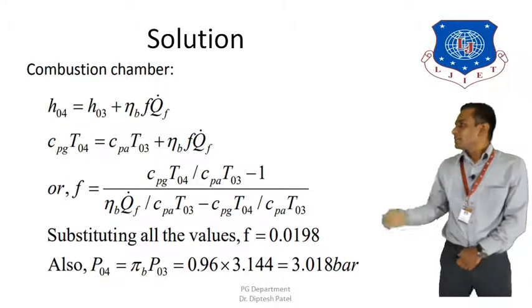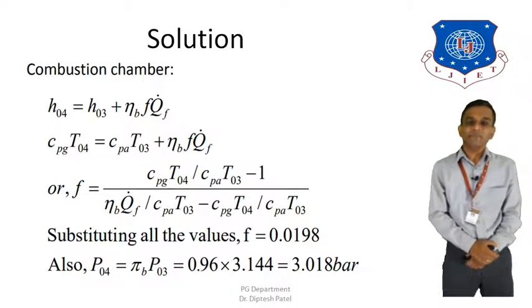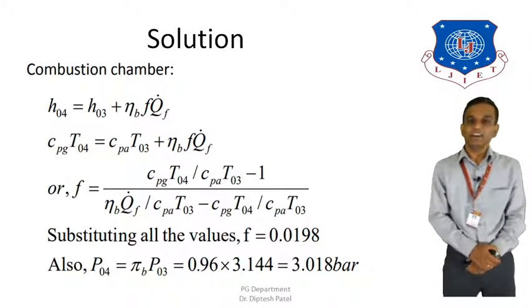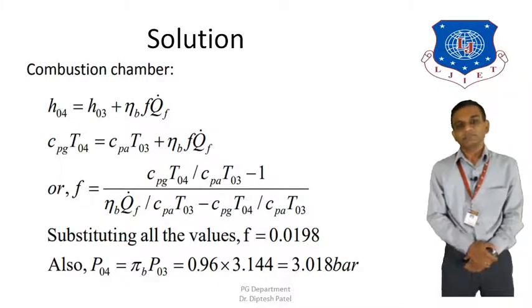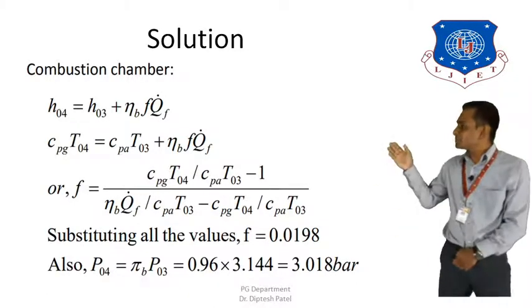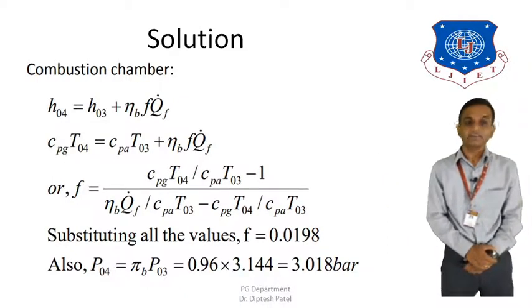Let's modify the equation, and after going through this I should be able to get f equal to [CPG TO4 divided by CPA TO3 minus 1] divided by [eta_B Q_F divided by CPA TO3 minus CPG TO4 divided by CPA TO3]. After substituting the values, we should get f equal to 0.0198.